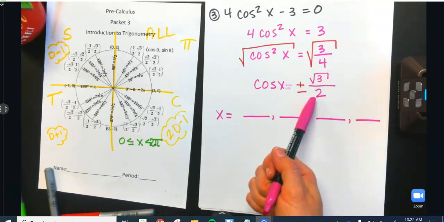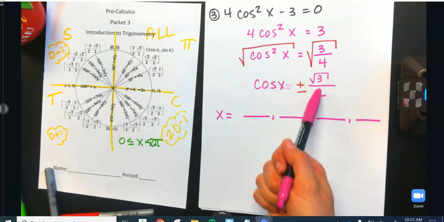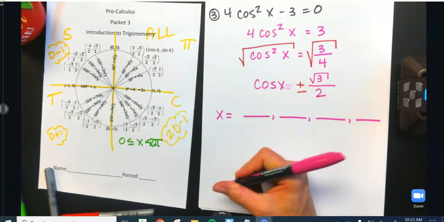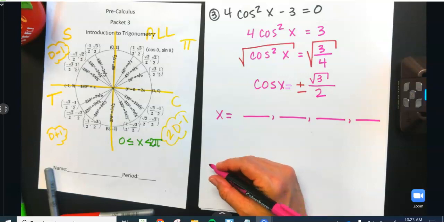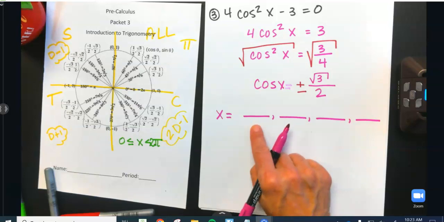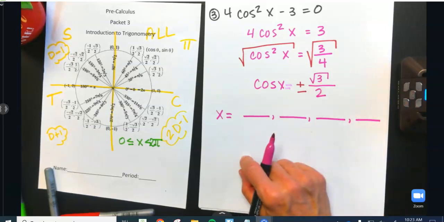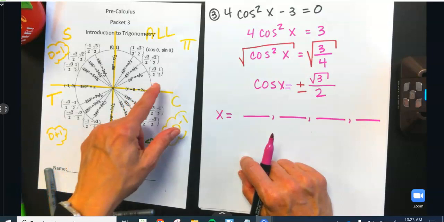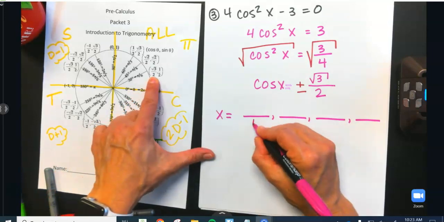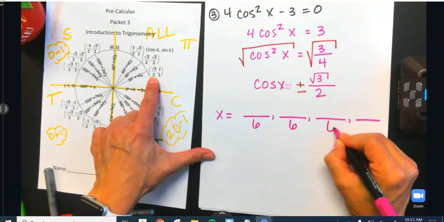Christina, do you know the denominators for the cosine root 3 over 2? The denominator? What's the denominator of the radians? 6. So let's put 6 down here on all of them.